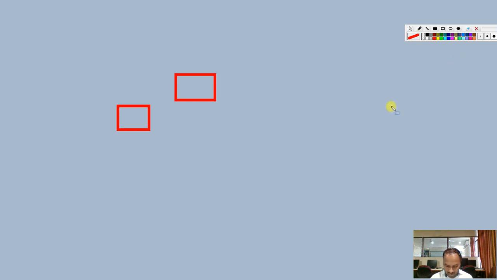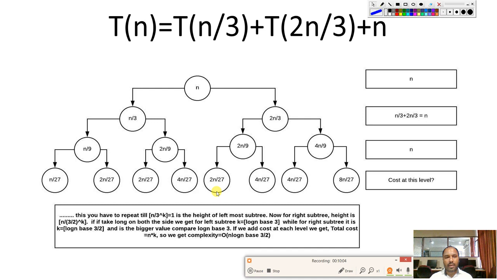So this is the pattern that we are going to get, and then we have to repeat this particular procedure till we are getting n divided by 3 raised to k equal to 1. So here in this case, n divided by 3 raised to k is going to be equal to 1.